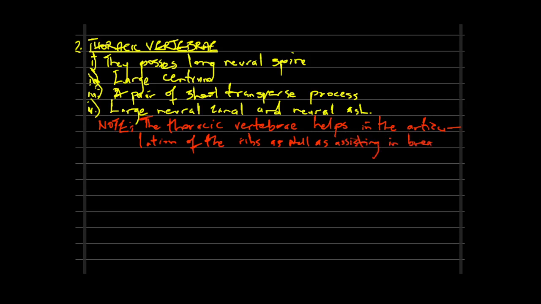So what we are saying in essence is, it is the function of the thoracic vertebrae. As it helps to articulate with the ribs, it makes it possible for the ribs to form what we refer to as the rib cage, and the continuous contraction and relaxation of the rib cage is what brings about breathing. So those are the characteristics of the thoracic region of the vertebrae.